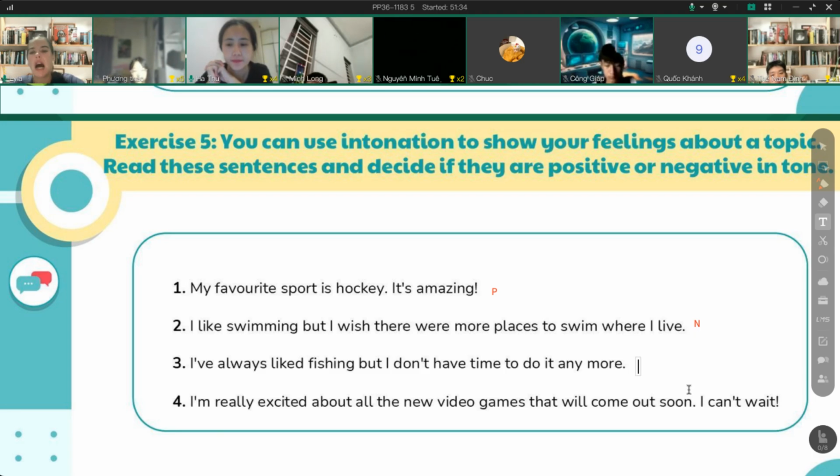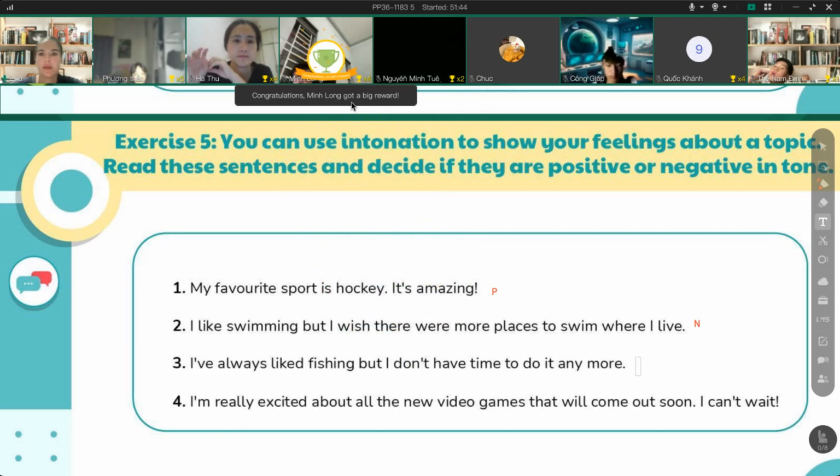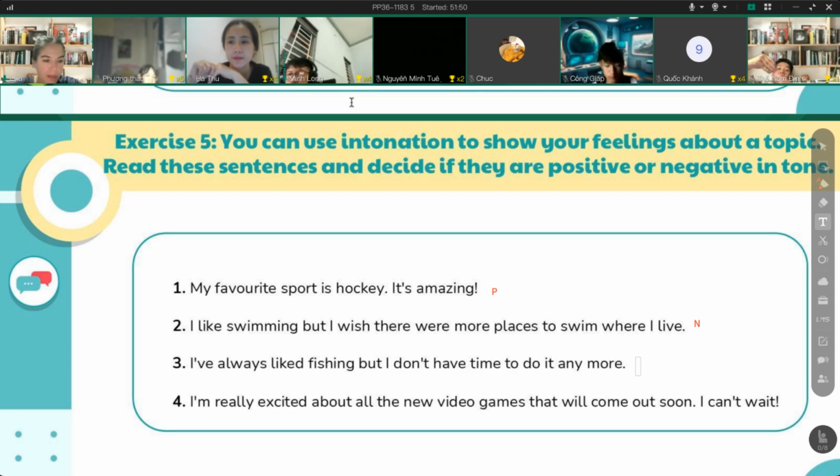Number 3, I've always liked fishing, but I don't have time to do it anymore. Is that positive or negative, Minlang? It is negative. Why do you think it's negative?